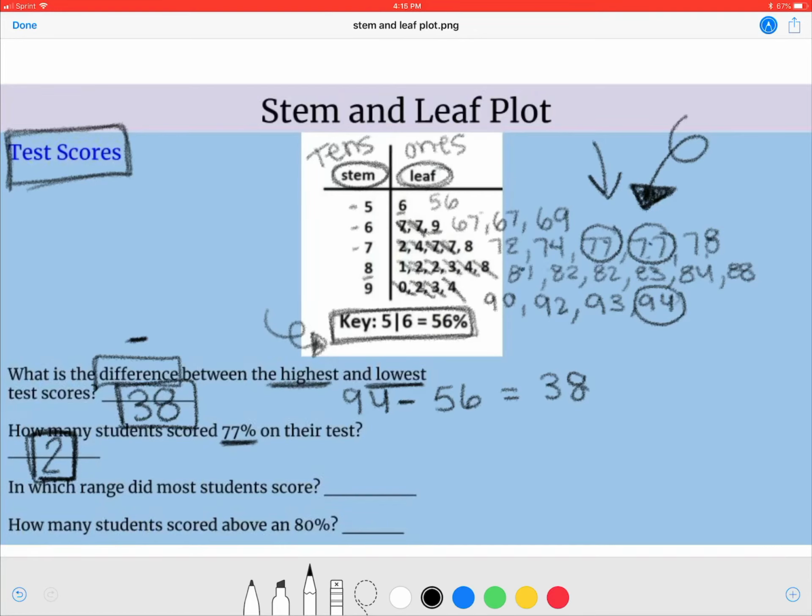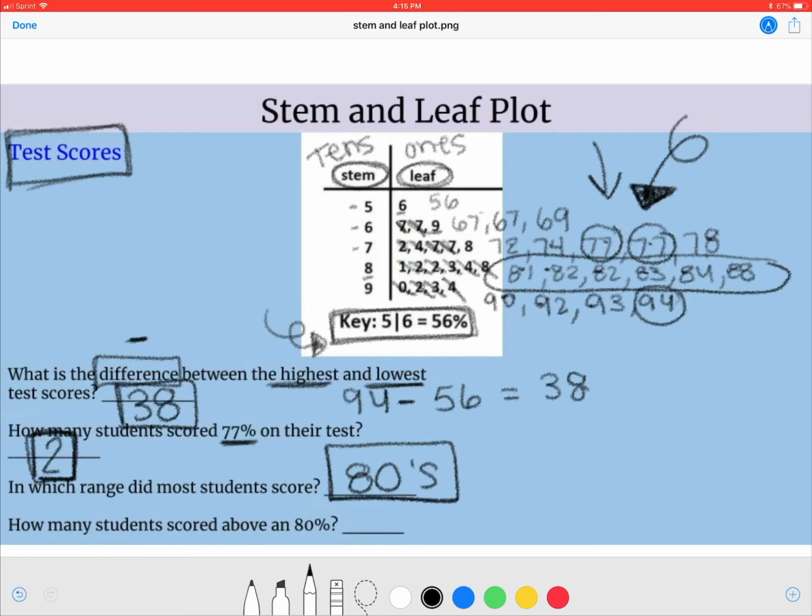The 70s has 1, 2, 3, 4, 5. The 80s has 1, 2, 3, 4, 5, 6. The 90s has 1, 2, 3, 4. So which grade range had the most scores? The 80s. Good. So I'm going to put 80s for my answer here.